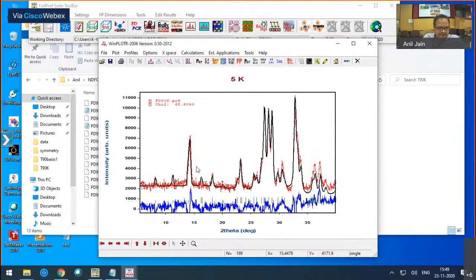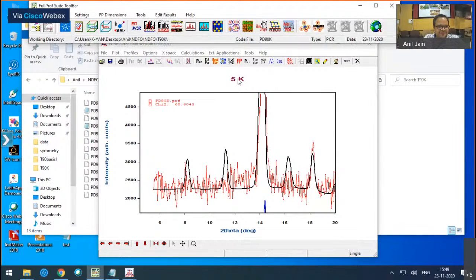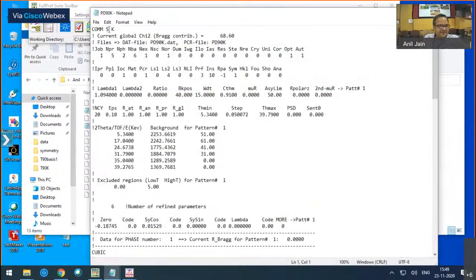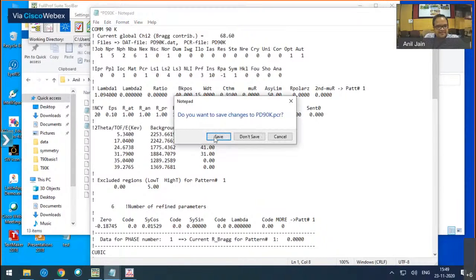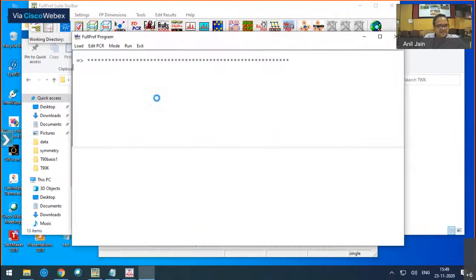So it means I should have no component of the moment along the a-axis for this refinement. This value of temperature is wrong, and this issue is related to the comment line in the PCR file. This is 90 K. I can save it and run it again.